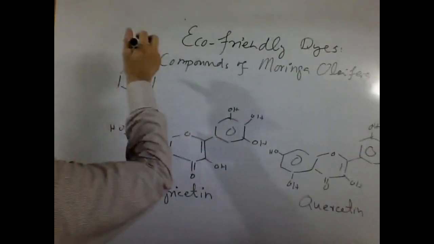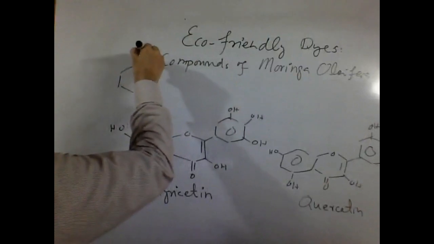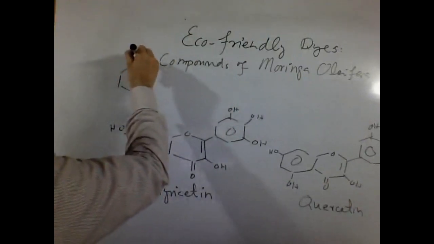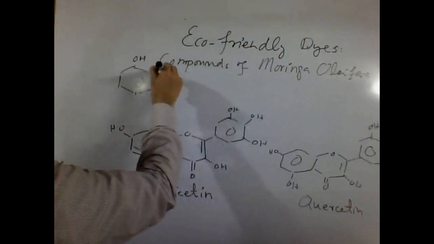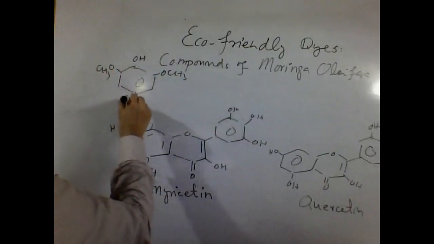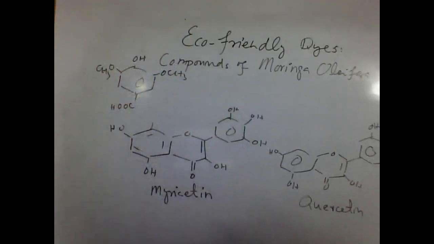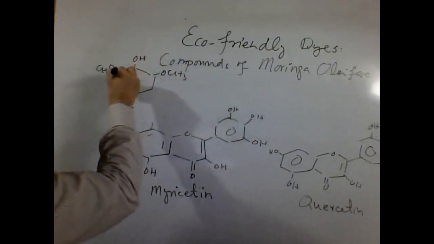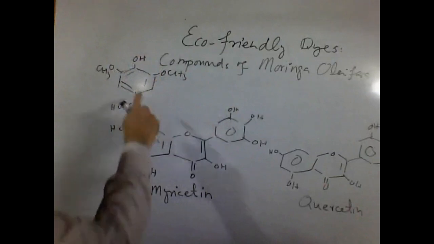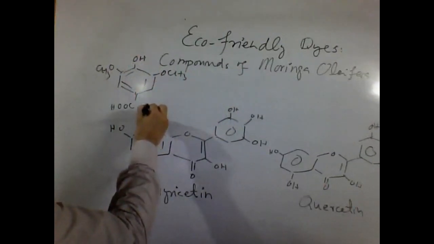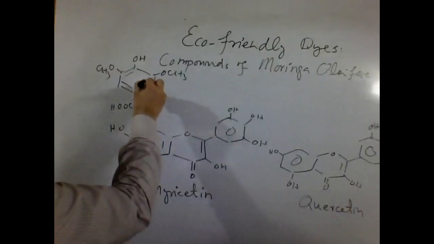Or we could do the same. Let's say we have syringic acid available with us. I can write this, the formula of syringic acid. Let's say we bring this in as a coupler. If we have a diazonium like this, it will couple over here.